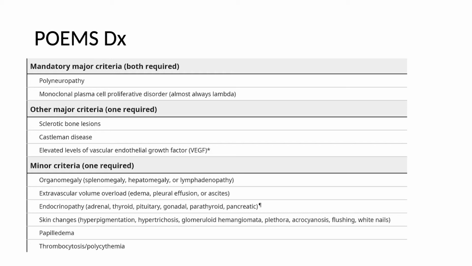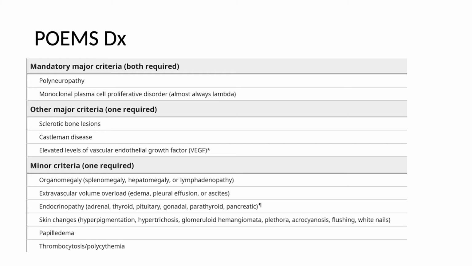Major criteria is either sclerotic bone lesions, Castleman disease, or elevated levels of VEGF, vascular endothelial growth factor. Minor criteria is organomegaly, which are splenomegaly, hepatomegaly, or lymphadenopathy. Extravascular volume overload like edema, pleural effusion, or ascites should be present, but it's a minor criterion.